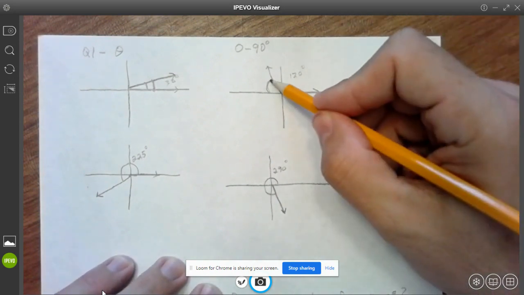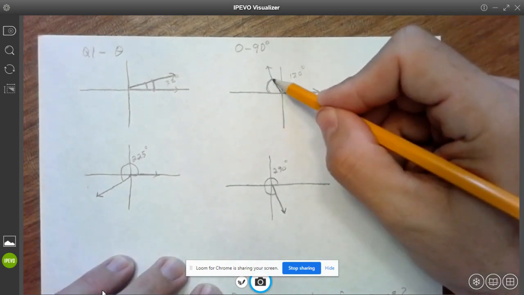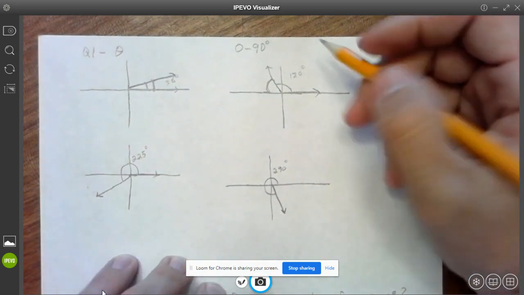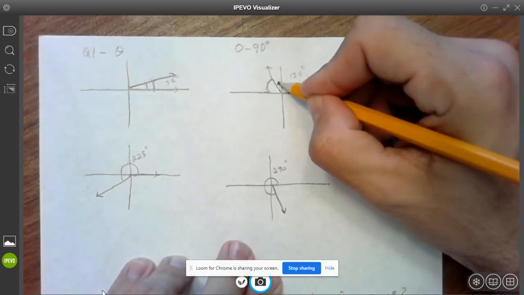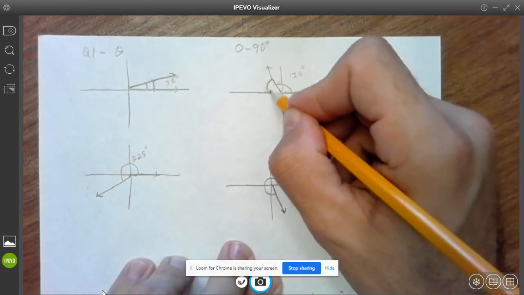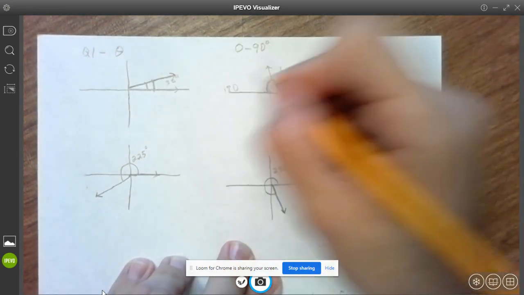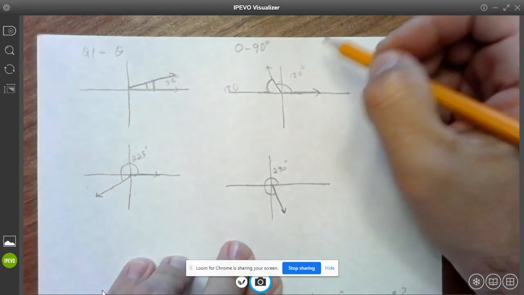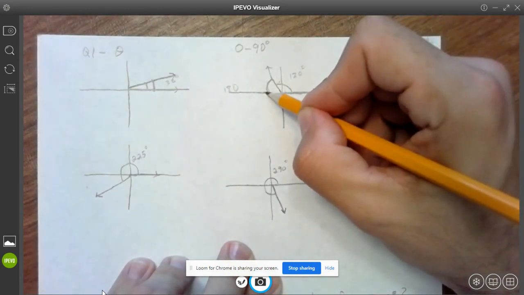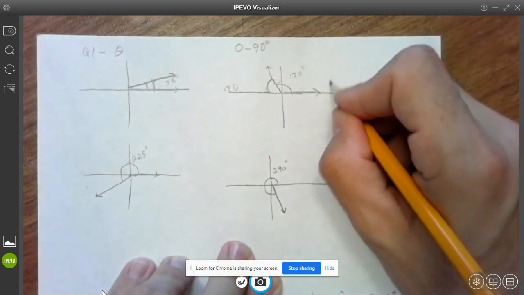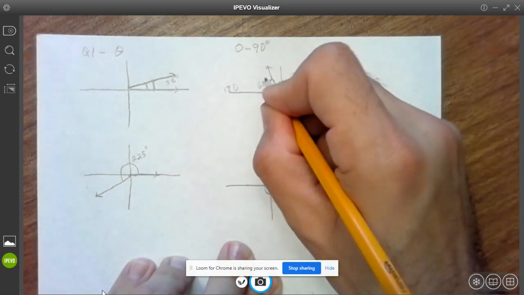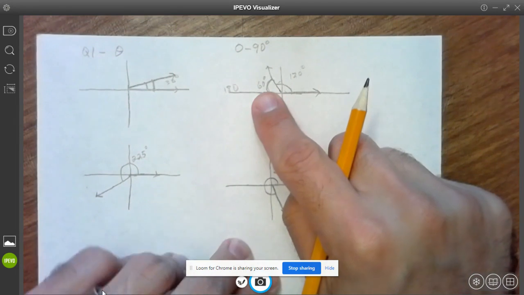So if this is 120 and the full sweep is 180, you can just count up. From 120 to 180 is 60 degrees. So the reference angle here would be 60 degrees.